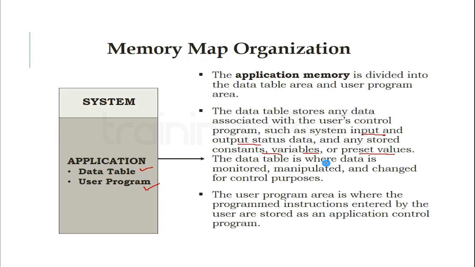The data table is used where the data is to be monitored, manipulated or changed for the control process. User program area is where the programmed instructions are entered by the users or stored as an application control program. It means all the instructions which you used in the program will be stored in the user program.